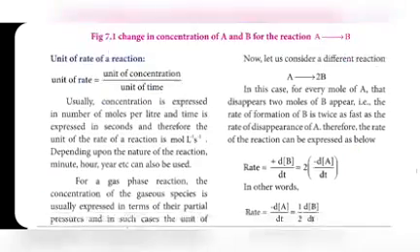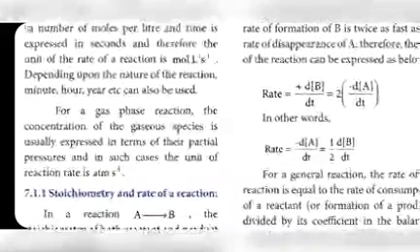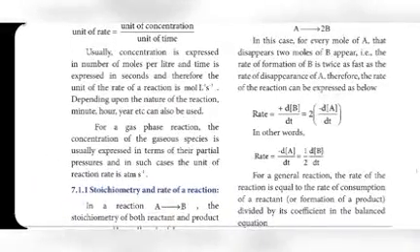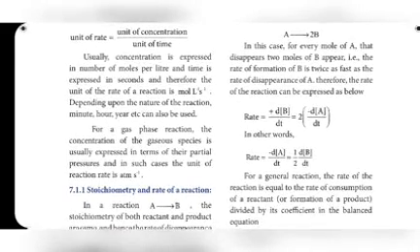And for gaseous phase reactions, the concentration of gaseous species is usually expressed in terms of partial pressure. In such a case, the unit of reaction rate is atmosphere per second, because for a gas phase reaction the unit of concentration is the partial pressure of the gas.